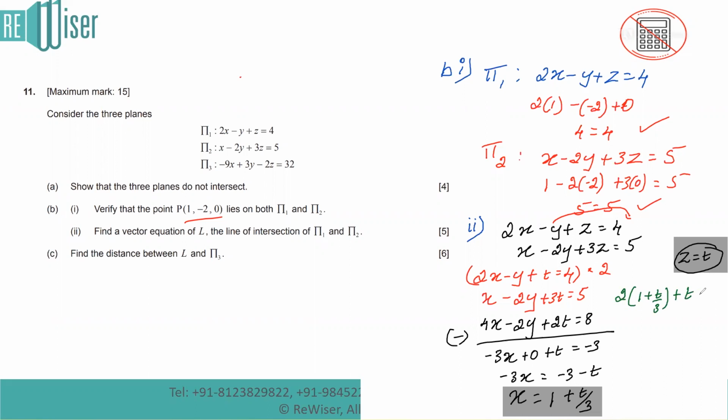Then 4 comes to the left hand side as minus 4. This is what y is. So in that case, it's going to be 2 plus 2 by 3 t plus t minus 4 equals y. So 2 minus 4 has to be just minus 2. Then 2 by 3 plus 1 is going to be 5 by 3.